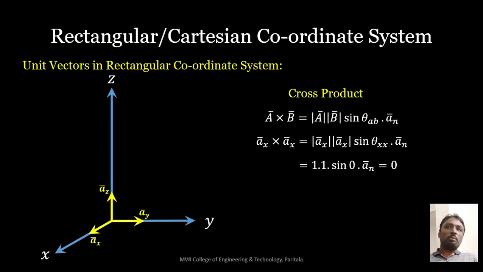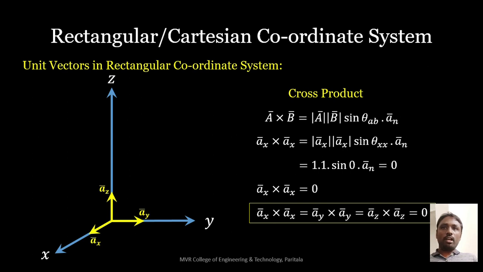If you multiply the same vectors in a dot product, it will be unity, but here it was 0. So ax bar cross ax bar is equal to 0. Similarly, ay bar cross ay bar and az bar cross az bar will give 0. So the cross product between the same vectors will give 0.